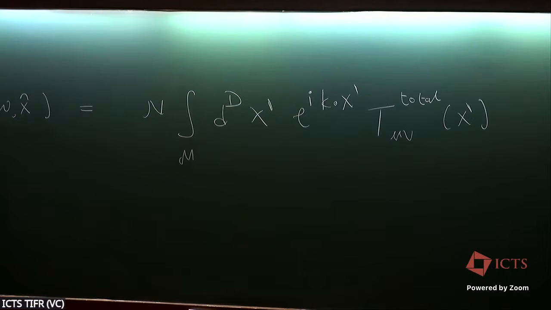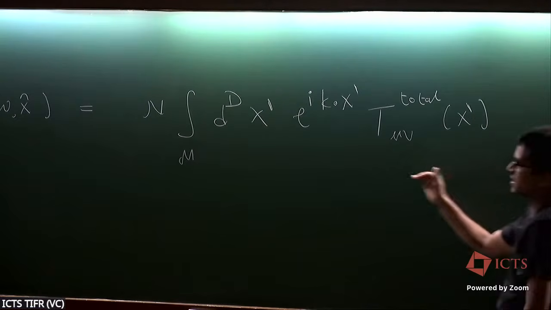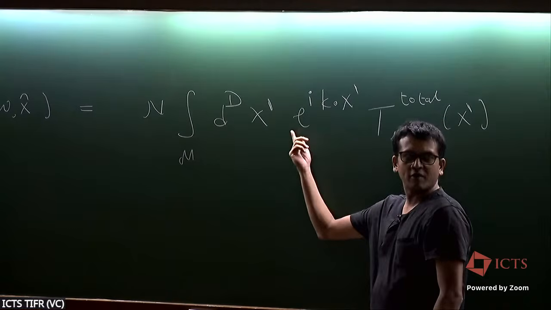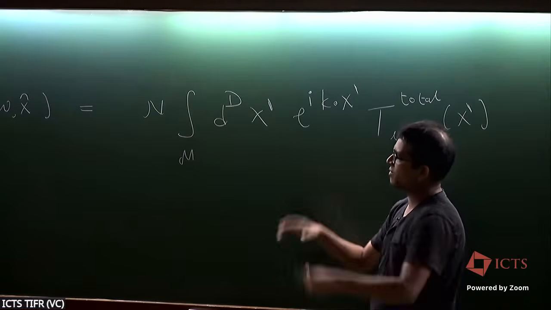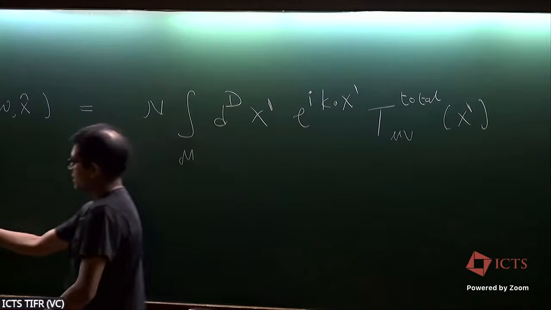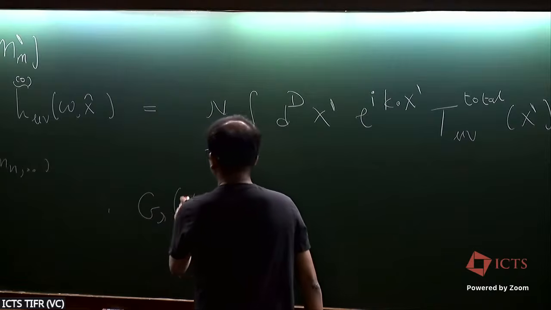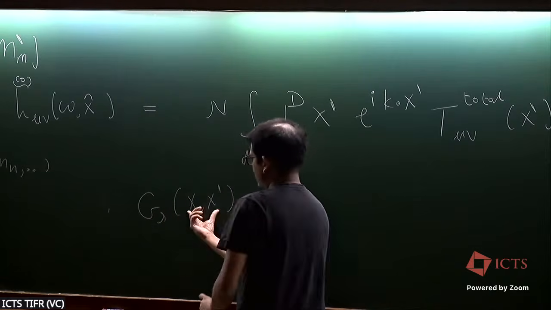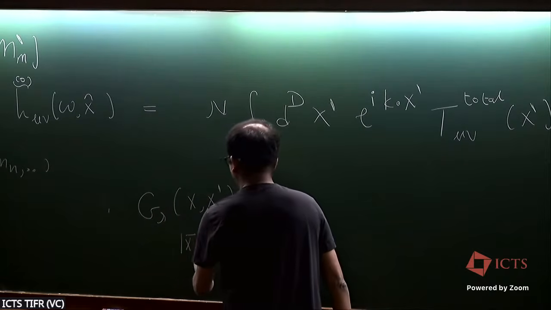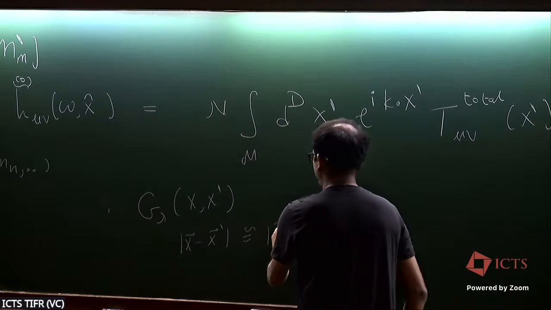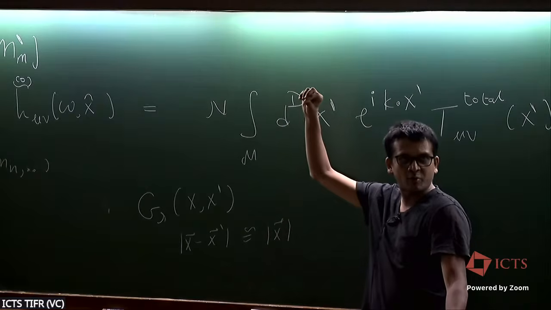There is a small technical caveat that I had not mentioned yesterday, so let me mention it now. Remember the way we got it: in our integral to begin with, there was the retarded Green's function. And then we take the limit where mod x minus x prime is approximately equal to mod x, because we are taking the distance of the detector to be very large from the origin.